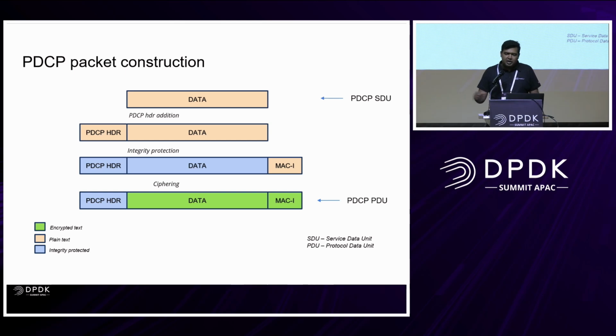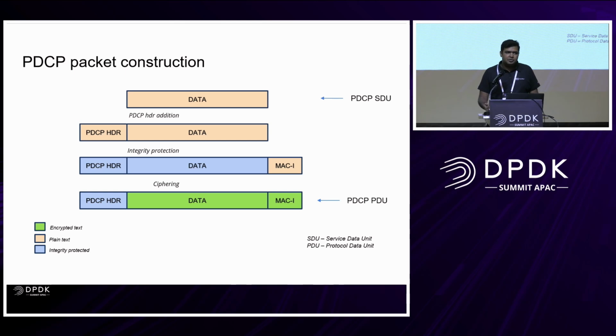We will come to what exactly the PDCP header is, but let's assume it's a PDCP specific header. Once the PDCP header and data are there, integrity protection is done first. The PDCP header and data get integrity protected.